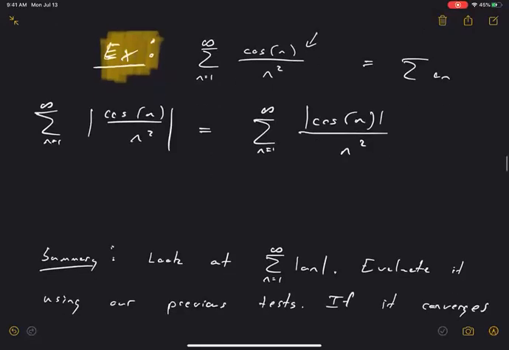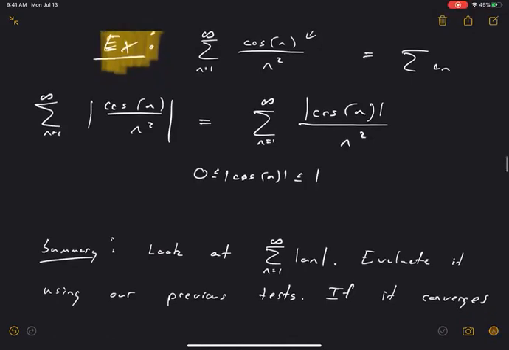So really what I have is the absolute value of cosine of n over n squared. What do I know about the absolute value of cosine of n? It's greater than or equal to 0 and less than or equal to 1. So all these terms are positive and they're all less than or equal to 1 over n squared.